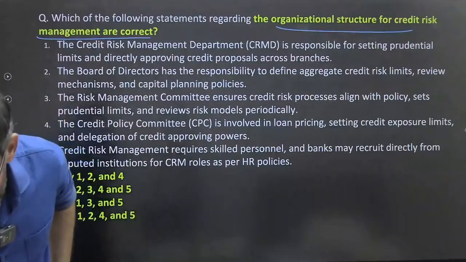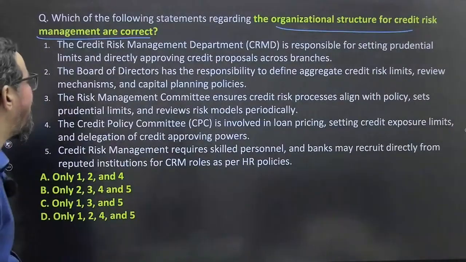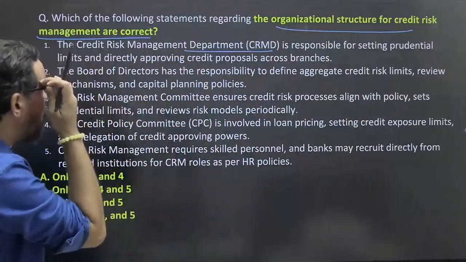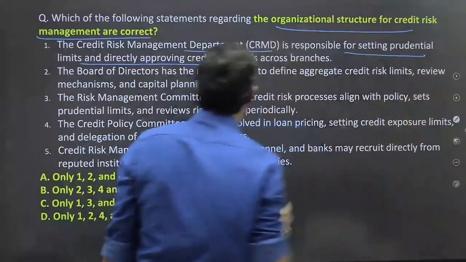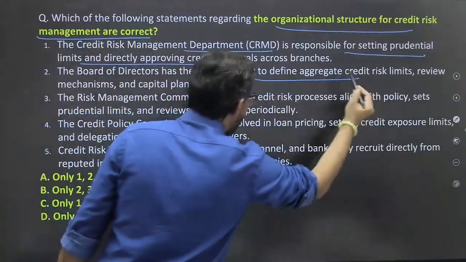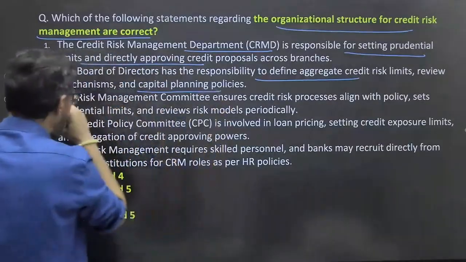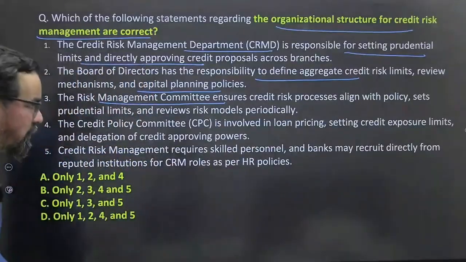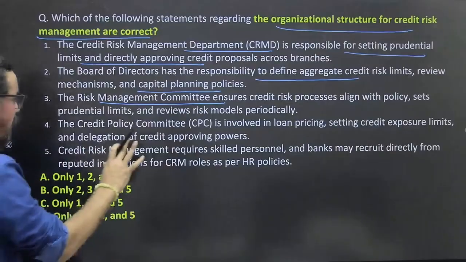So what will be the answer to the next question? The risk management department is responsible for setting prudential limits and directly approving credit proposals across branches. The board of directors has responsibility to define aggregate credit risk limit, review mechanism, and capital planning. The risk management committee ensures credit risk processing is aligned with policy, sets prudential limits, and reviews risk models periodically.